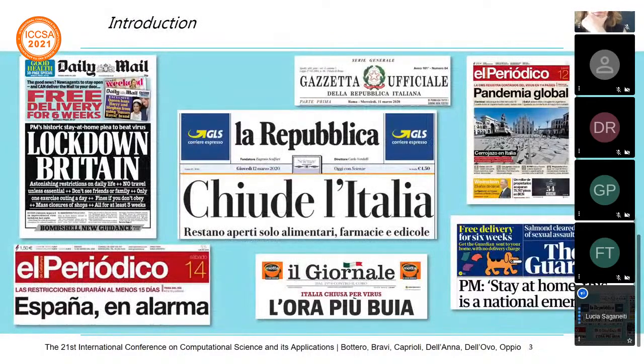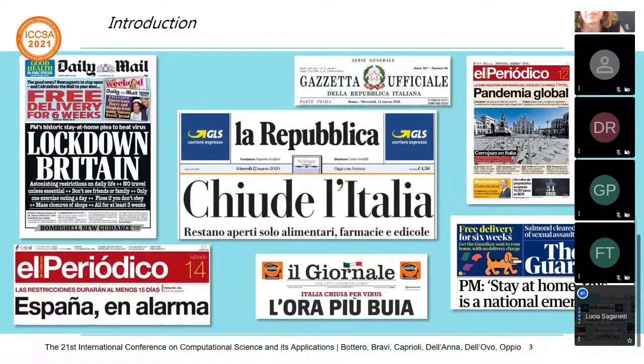These are some of the newspapers that have been published in the European context after the decision about the lockdown. We can see how different countries decided to solve the problem in that moment in the same way, trying to force people to live within their places in the lockdown situation.